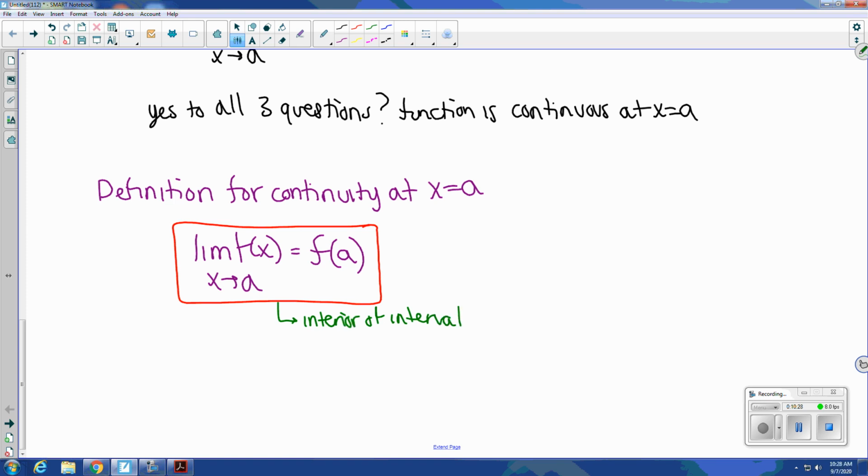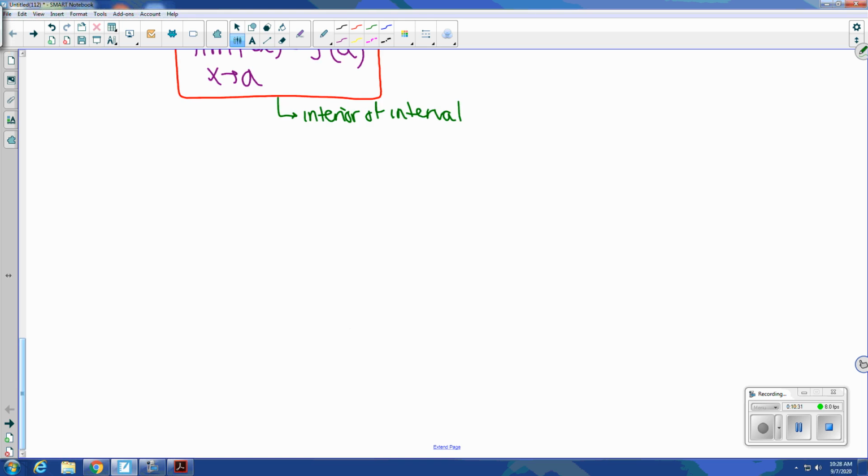If we're looking at continuity at an endpoint of an interval, we'll just make one small adjustment.